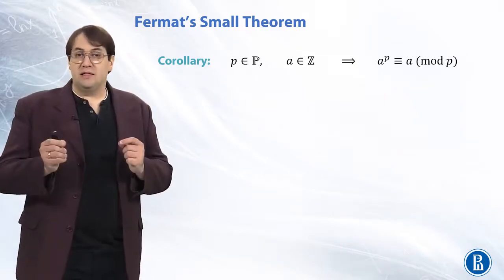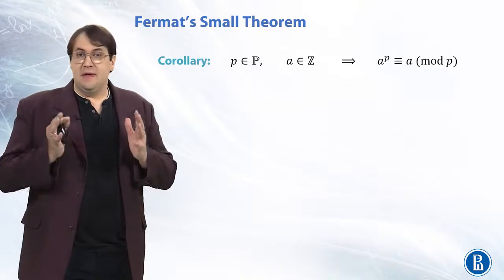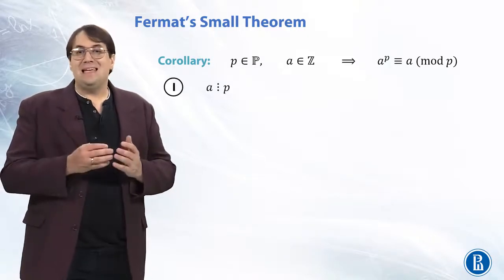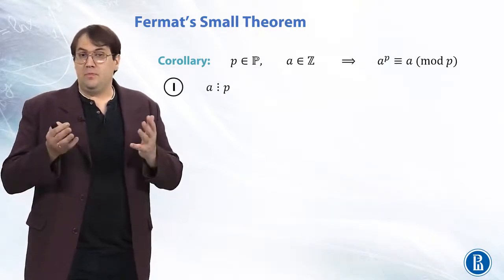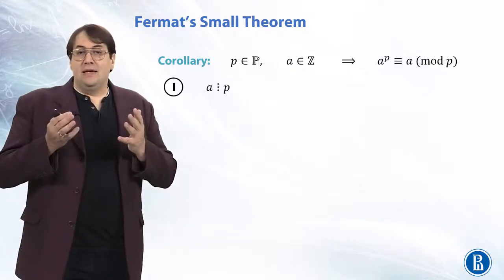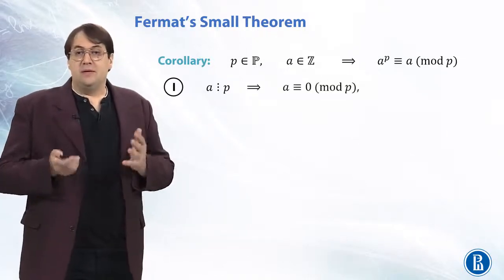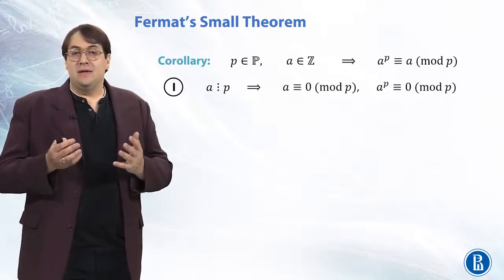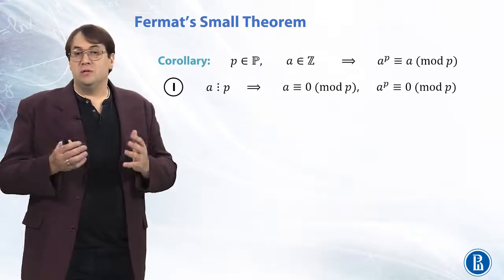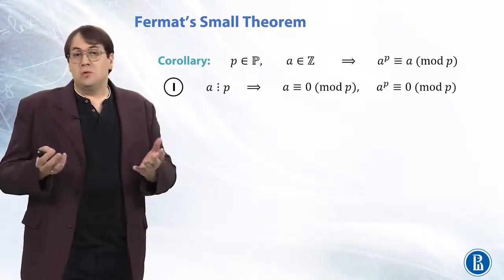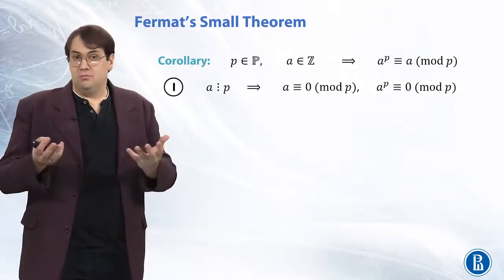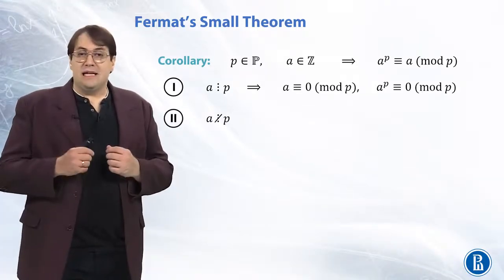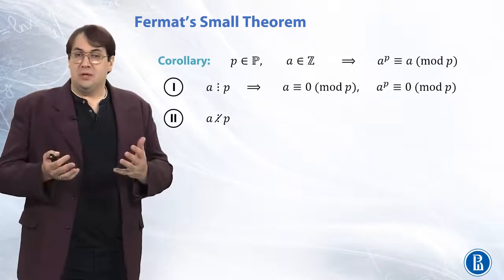In order to prove this, we will consider two cases. First case, if a is divisible by p. In this case, a to the power of p as well as a both are congruent to 0 modulo p, so they are congruent to each other also. The second case, if a is not divisible by p.